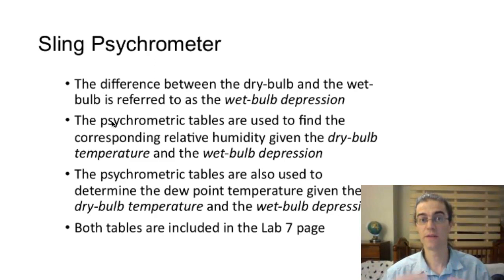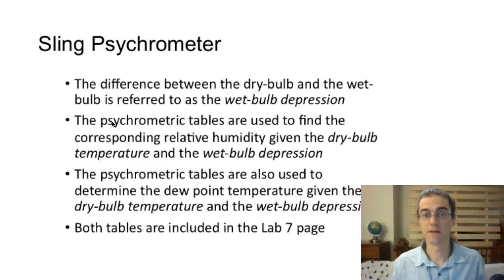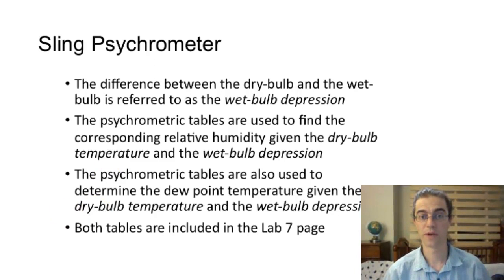These are used to find the corresponding relative humidity given the dry bulb temperature and the wet bulb depression. The psychrometric tables are also used to determine dew point temperature given the dry bulb temperature and the wet bulb depression. So there'll be two tables for you to look at, and as we say here, both tables are included in the Lab 7 page.